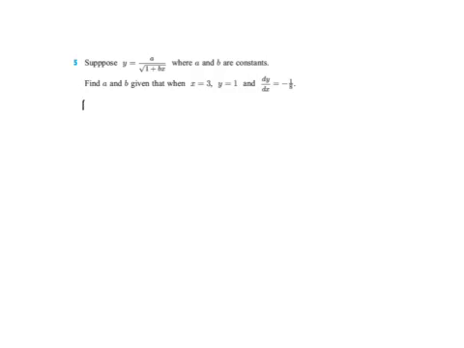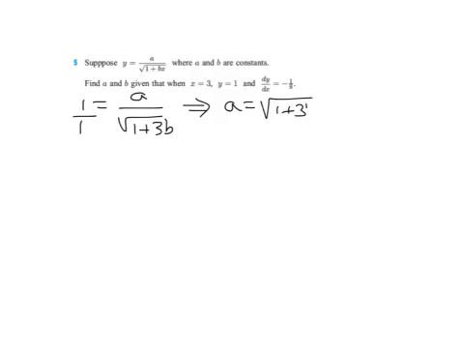So 1 is equal to a over square root of 1 plus b times 3, that's the same thing as 3b. Then let's solve for a. 1 is the same thing as 1 over 1, so we can cross multiply and say a is equal to square root of 1 plus 3b.